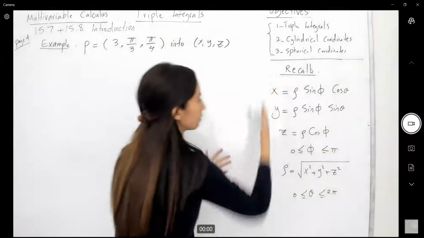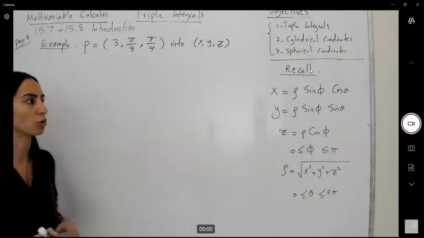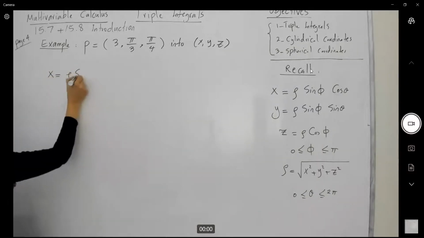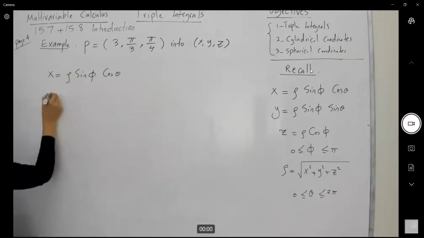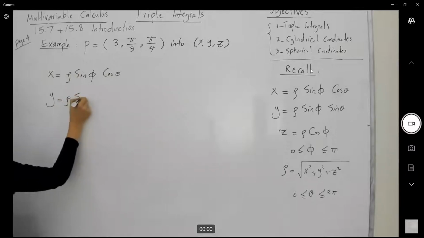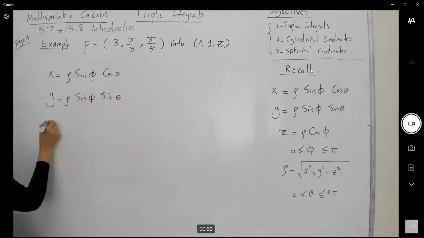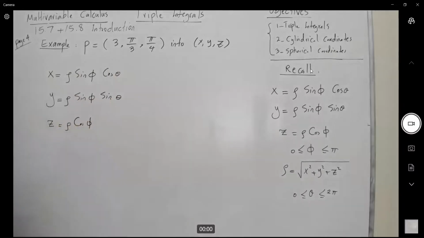We're going to use the information that we derive from spherical coordinates. We know that x is equal to rho sine phi cosine theta, y is rho sine phi sine theta, and our z is rho cosine phi.